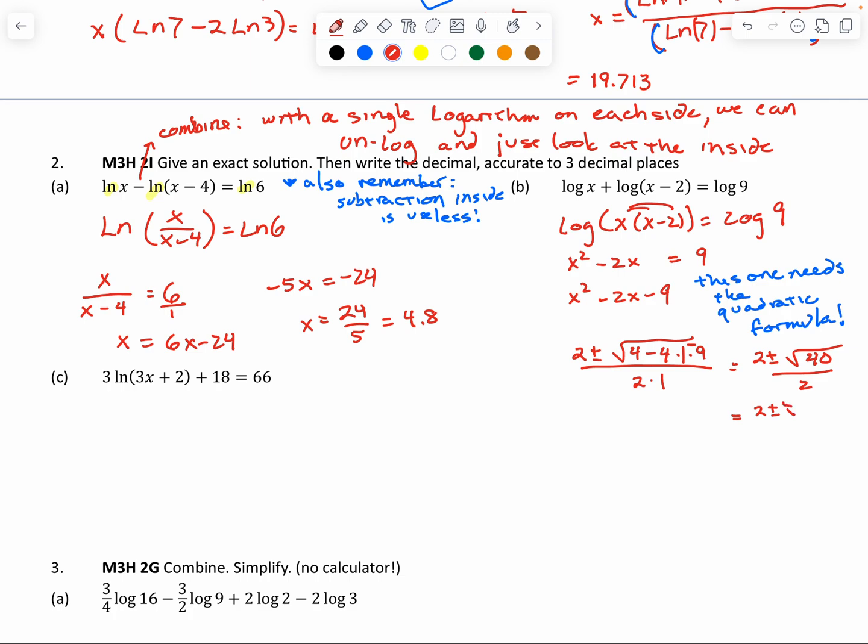I can pull a square root of 4 out. Let me write that better.